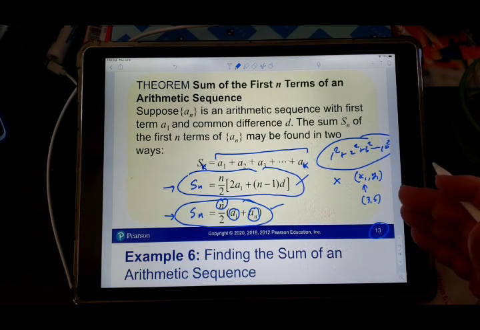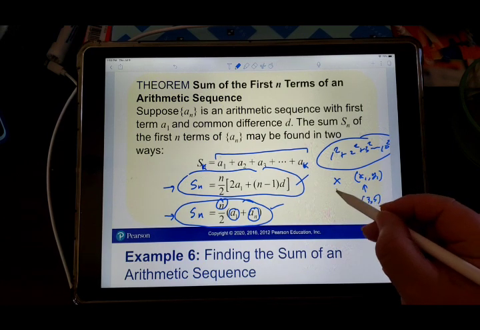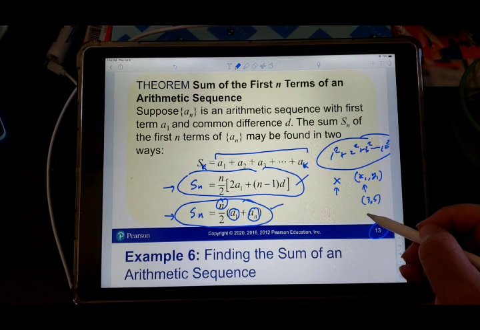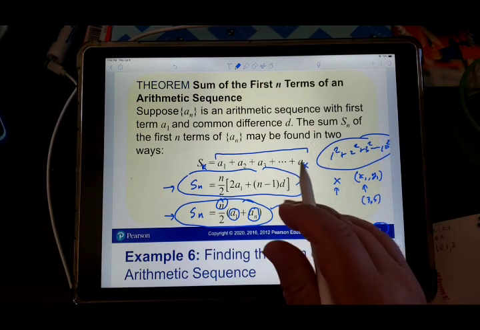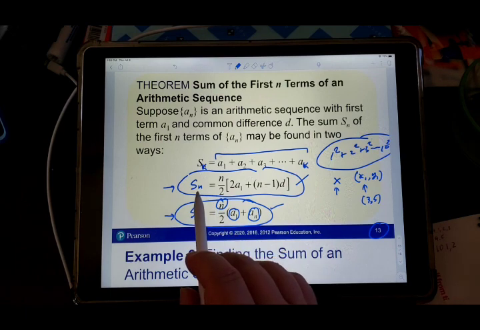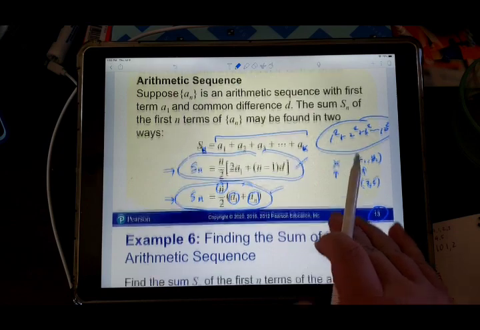So in other classes, when they say x1, they mean a number. When they say x, they mean a variable. I wish they did this here, if they kept n to be a variable, but here it's not a variable. So we'll see how that works.